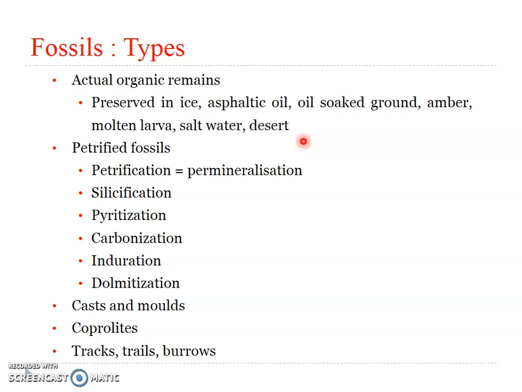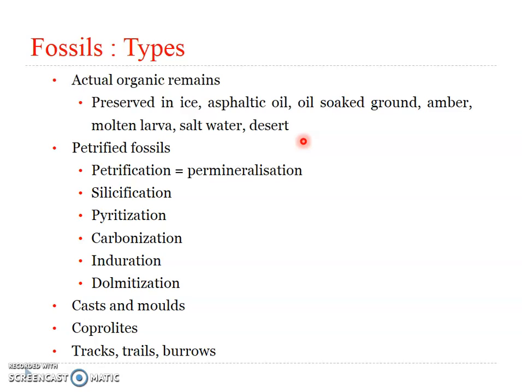These have been obtained intact from the frozen ice of Siberia. The mammoth is believed to be the hairy relative of modern elephants. I hope you are already familiar with the figures which you have studied earlier in your lower classes. Even its flesh is so well preserved that it was eaten as steaks by local people over there. Okay, so intact it was preserved.